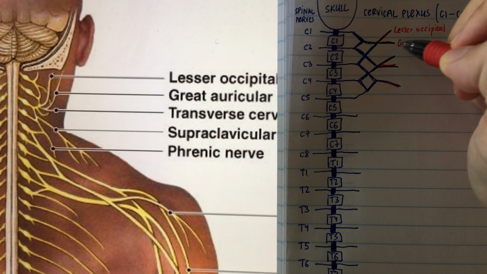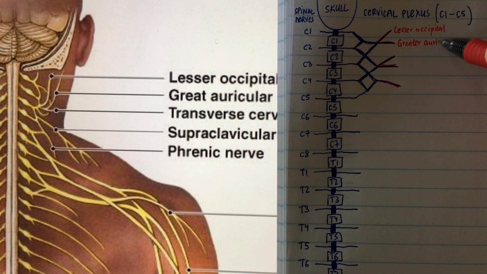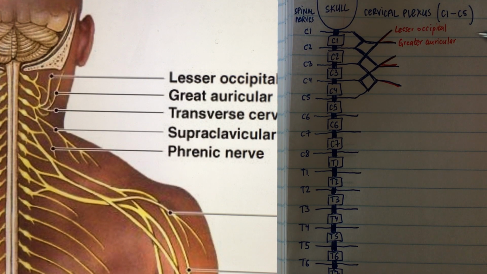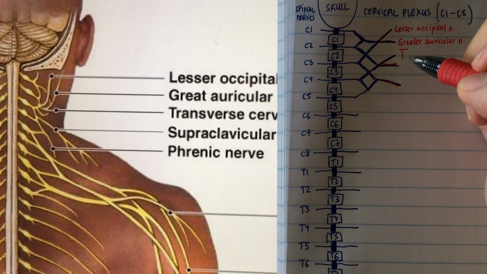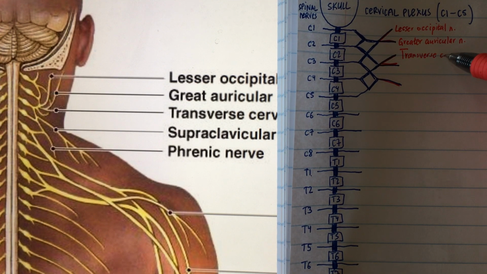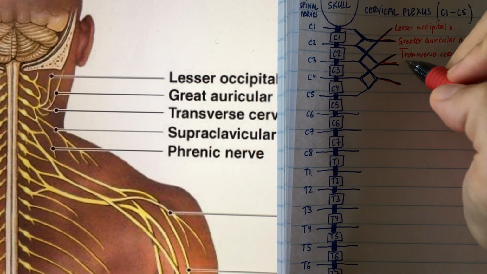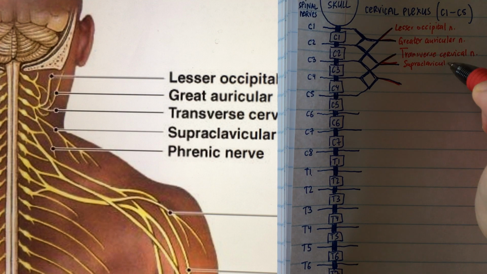There's going to be a nerve called greater auricular nerve, N is for nerve. Then there's going to be a nerve called transverse cervical, supraclavicular, and phrenic nerve.